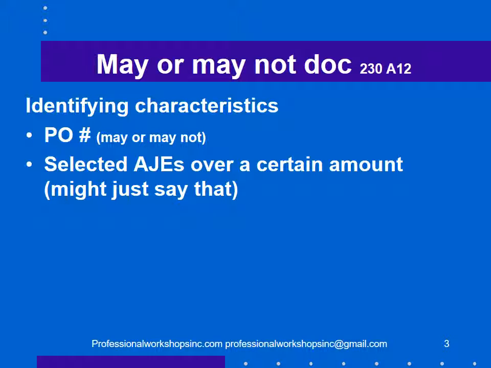Second thing it says, among several, is it says if you plan to select journal entries over a certain amount, that perhaps all you need to document about what you're doing is that I selected a series of journal entries over a certain amount. And that's important. We're going to come back to that later as we talk about how we might document risk assessment procedures.